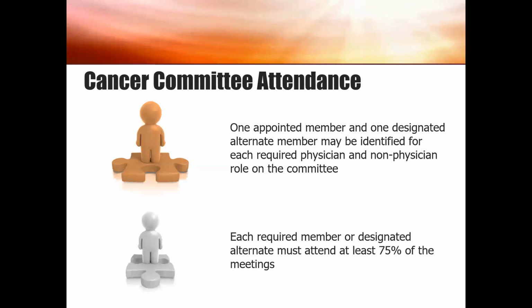Each required member or their designated alternate must attend at least 75% of the meetings. So if your program meets as is required by the CoC, then the required members or their alternate would have to attend 3 of the 4 meetings each year.